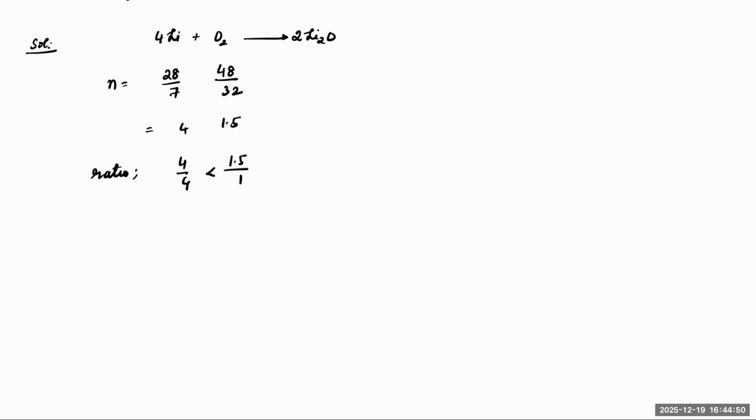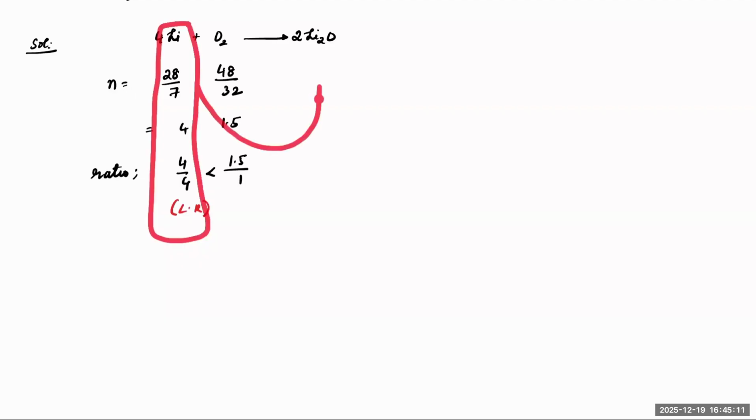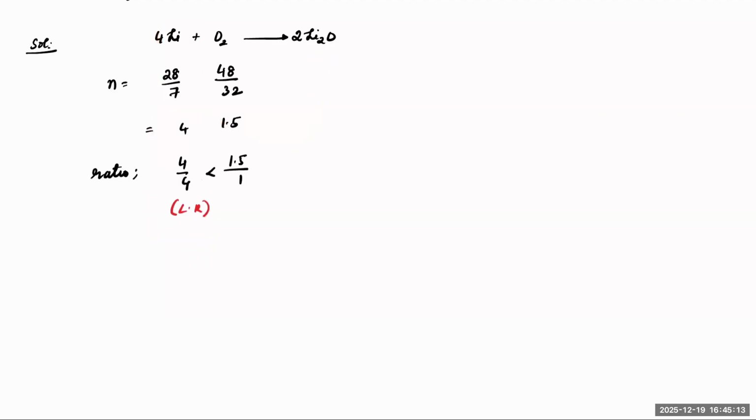Which means lithium is the limiting reagent in this case. One thing you got to understand is that the limiting reagent is the one which will get completely consumed into product. There will not be anything left once the limiting reagent is done.